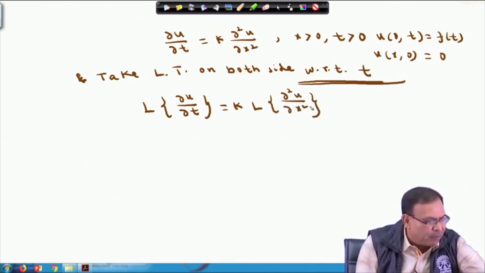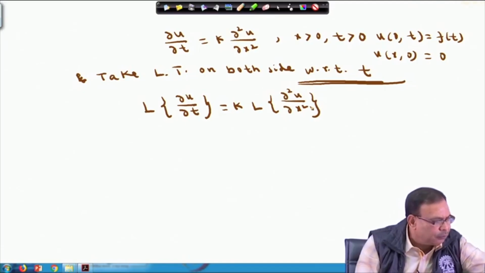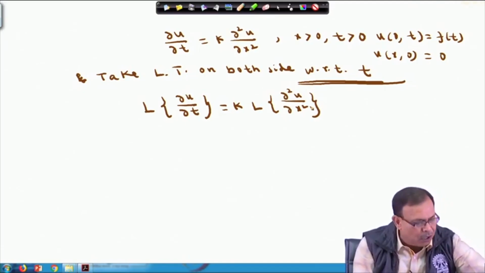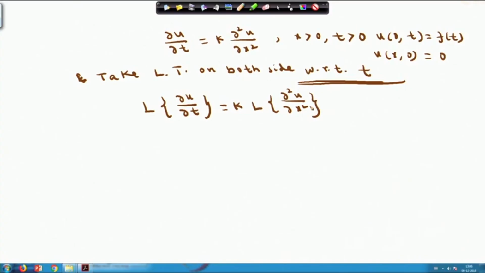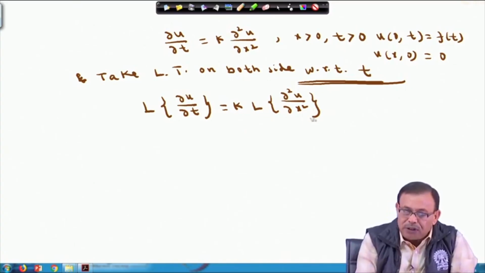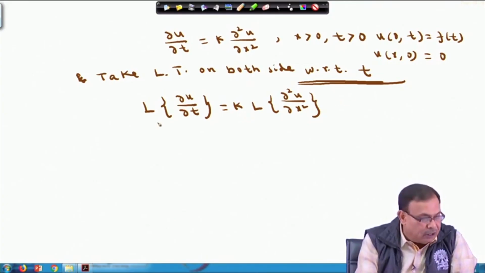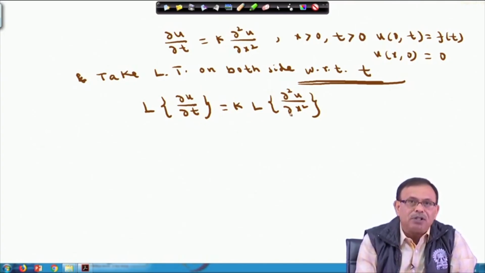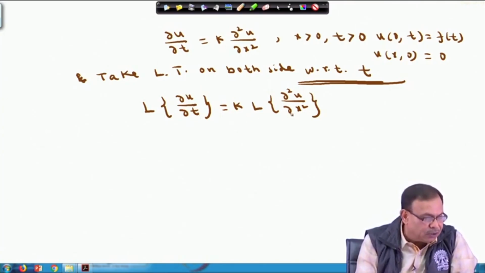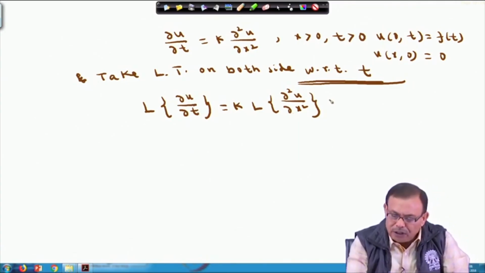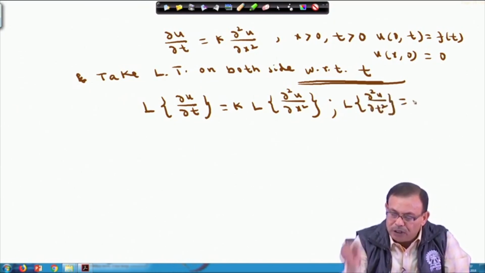And we have the formulas effectively for the Laplace transform of ∂²u. We are taking the Laplace transform on both sides with respect to t. Now, you know that the Laplace transform of the second derivative, just I am writing, afterwards you can remember it.